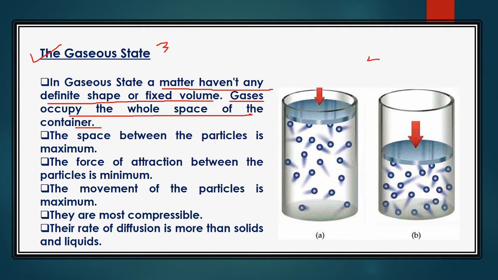Here you can see a container full of gas with an airtight lid. If we push the lid as shown in the second container, the volume of the gas reduces. If we pull back this lid again, the volume of the container increases, and the volume of the gas also increases.